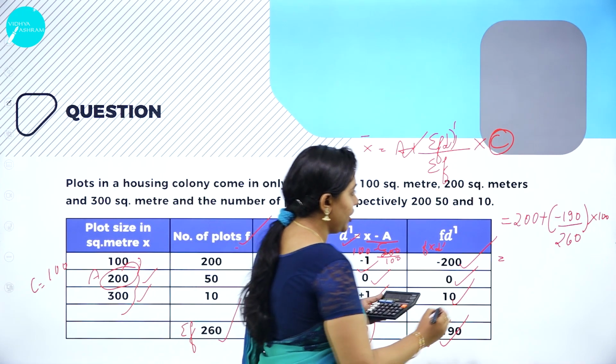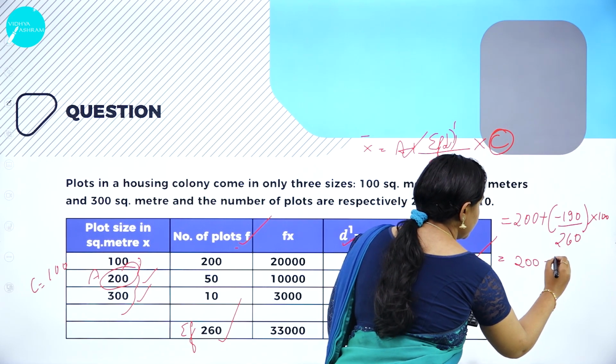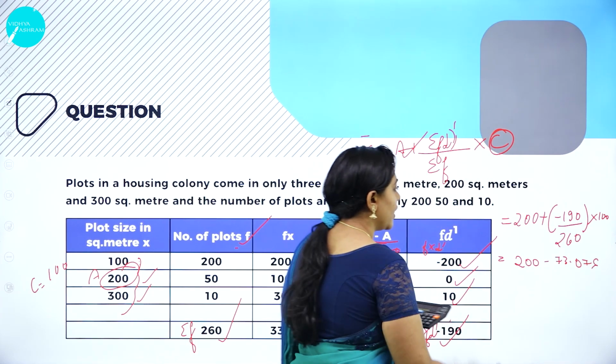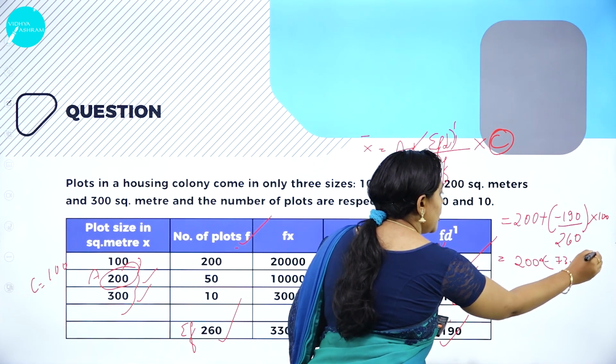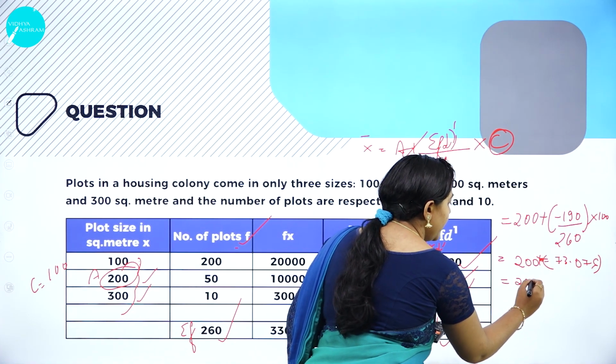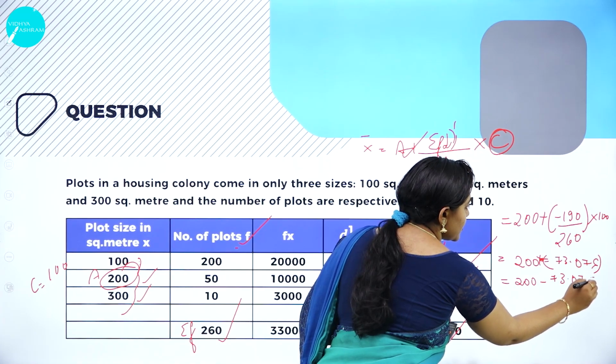It will be minus 73.076. So this is plus, and plus into minus will be minus: 200 minus 73.076.